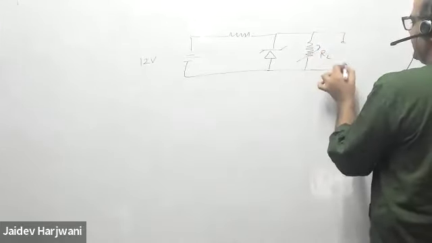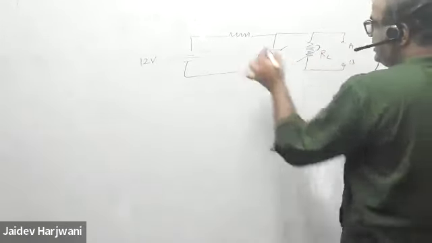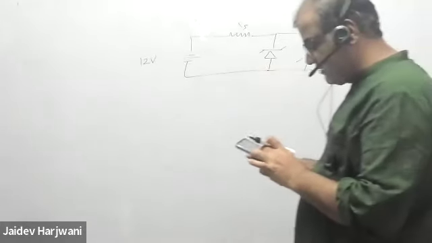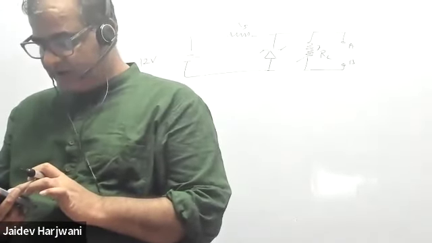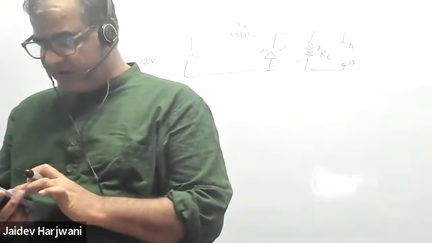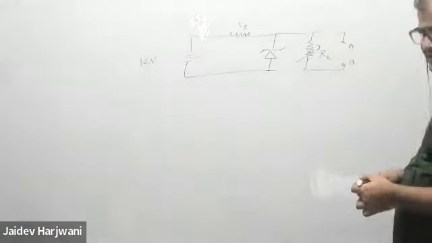Same question, similar type of question, A, B, and this is your R series. In the question they have given you the Zener voltage 9 volt, and they have given you the P max value, connected in the shown figure. The minimum series resistance you have to find out. Again similar question, minimum series resistance.